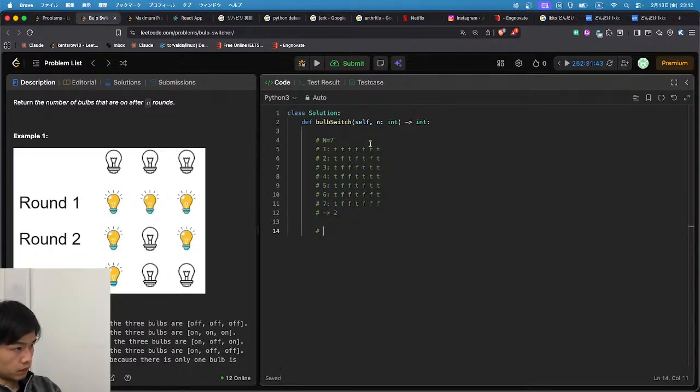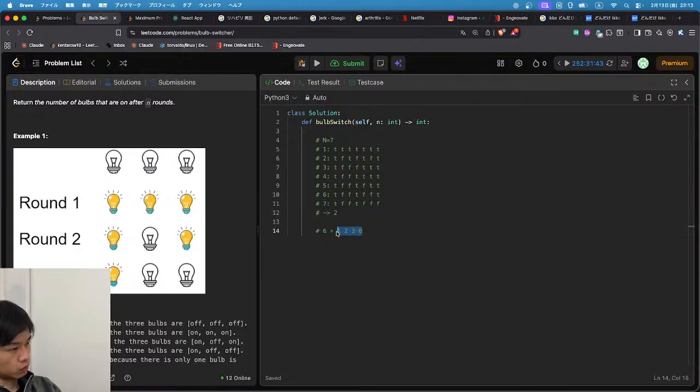For example, this is bulb 6. 1, 2, 3, and 6, right? 6 has these factors, so it switched once, twice, 3 times, and 4 times, right?